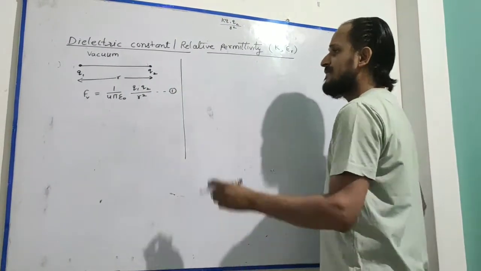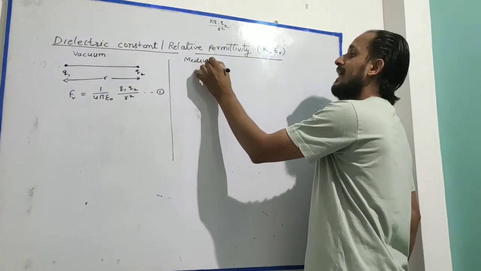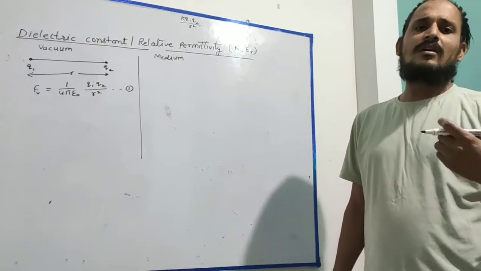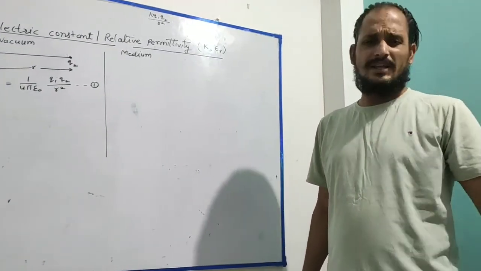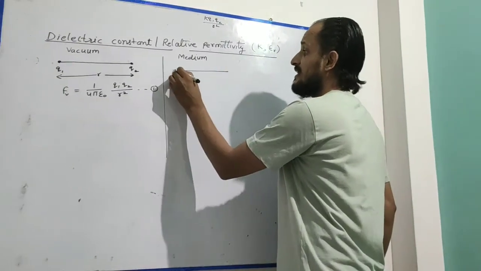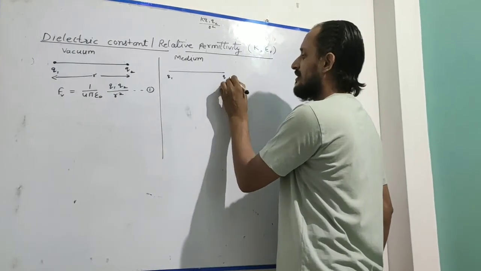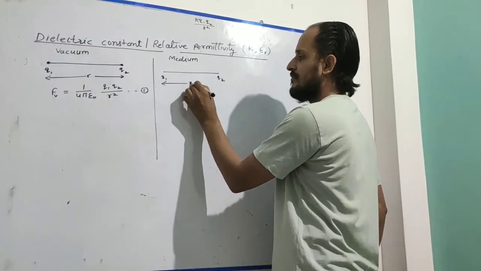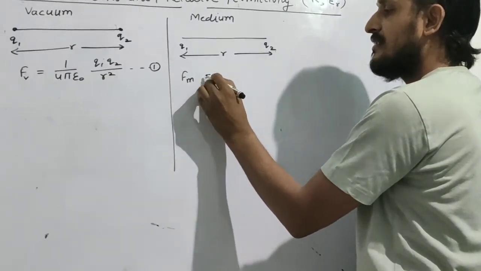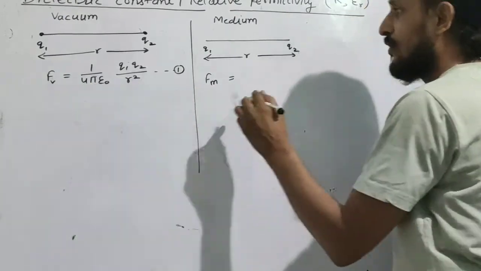Now, if the same charges are kept in any other medium, like alcohol or benzene or water, at the same distance apart, the force acting between the charges is Fm. M means medium, Fv means vacuum.